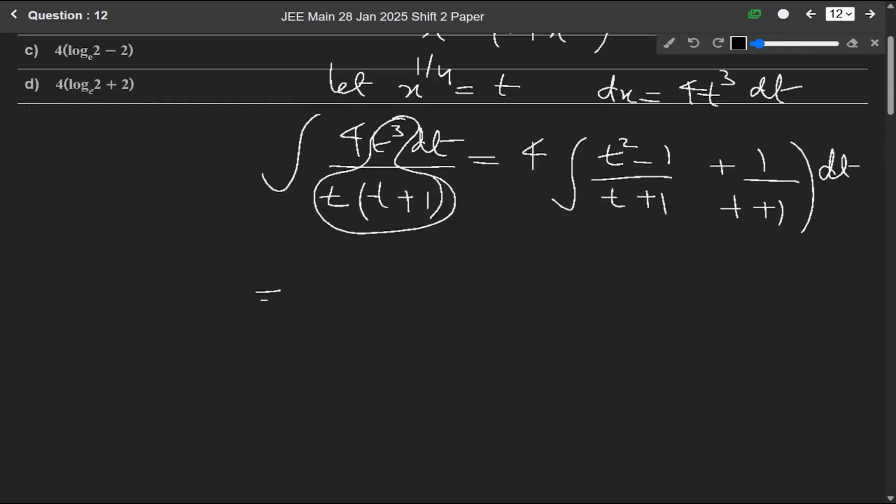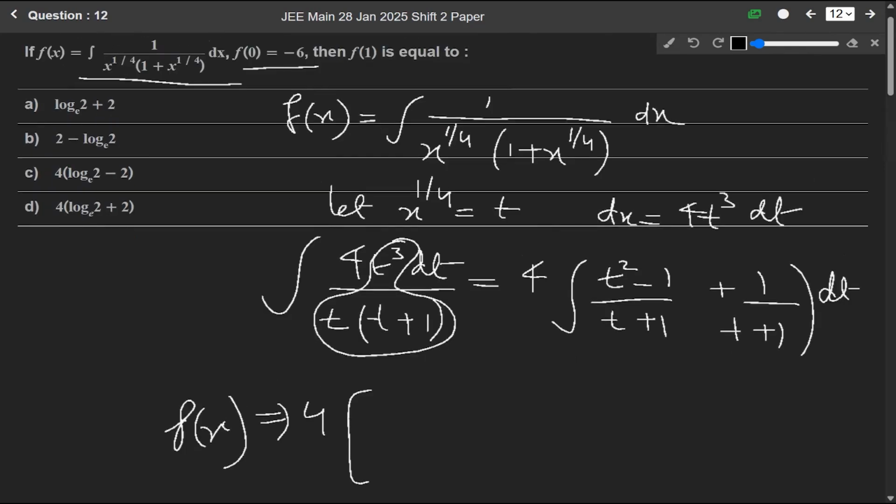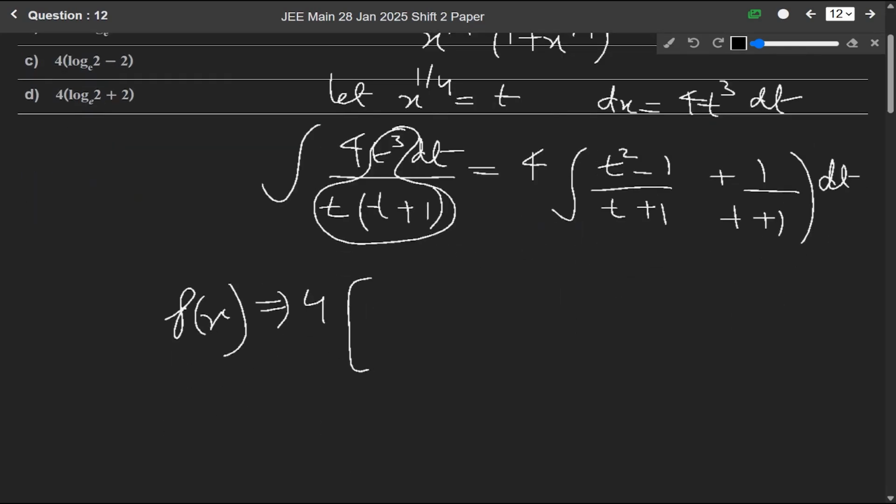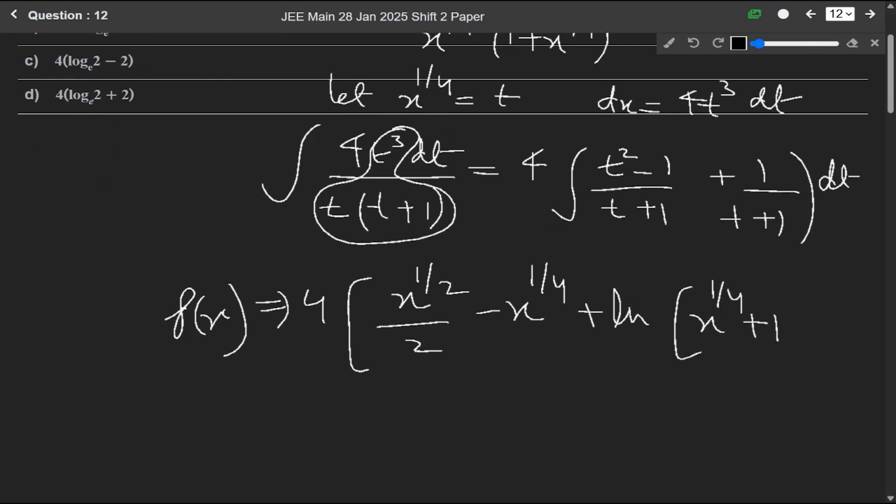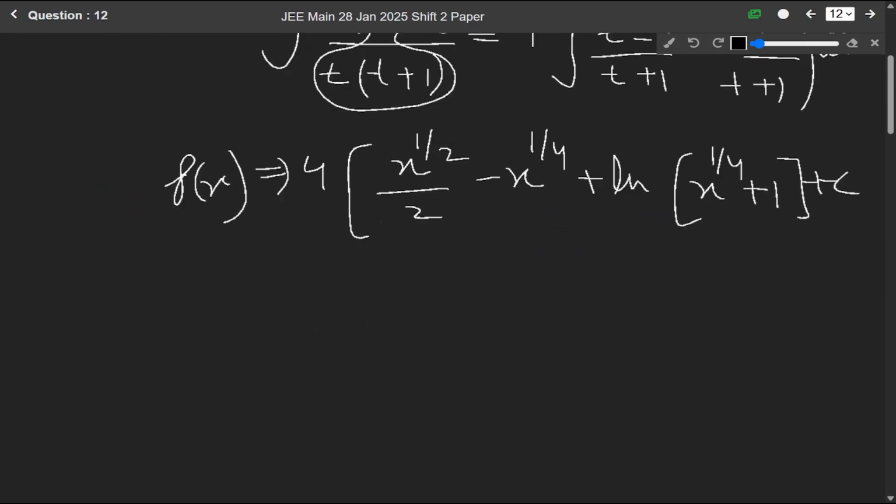Now f(x) will be equal to 4 times (x^(1/2)/2 − x^(1/4) + log(x^(1/4) + 1)). Okay. And plus c, the constant term.